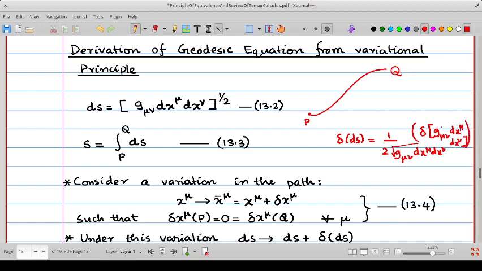Now we see that the metric tensor will also undergo a change as we change the coordinates. So does dx mu and dx nu, because the coordinates are changing. Now this quantity in the denominator is simply ds. So this is equal to 1 by 2 ds. Then this quantity within the parenthesis that I have written here.